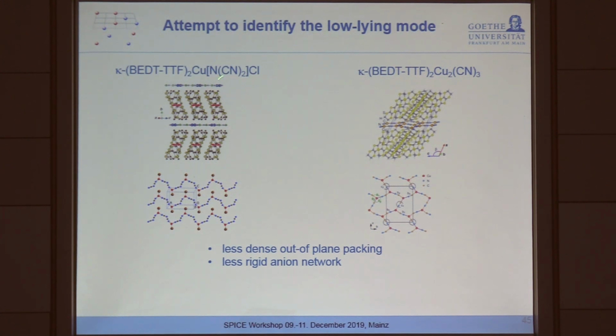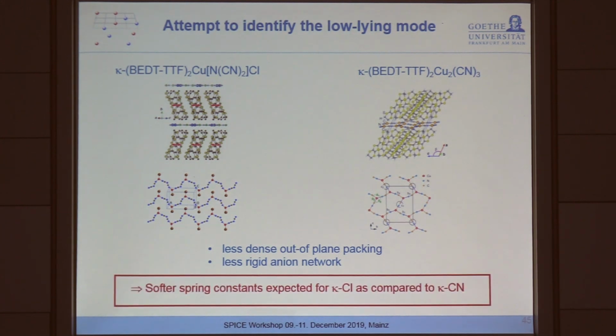The anions here are of polymeric type, whereas here they form two-dimensional, more rigid networks. So both of these aspects mean that the spring constants we expect for these materials are distinctly softer than the spring constants here. With these softer spring constants, the whole phonon spectrum should be renormalized in our chlorine material as compared to this spin liquid candidate system, and the energies should be shifted to lower energies.